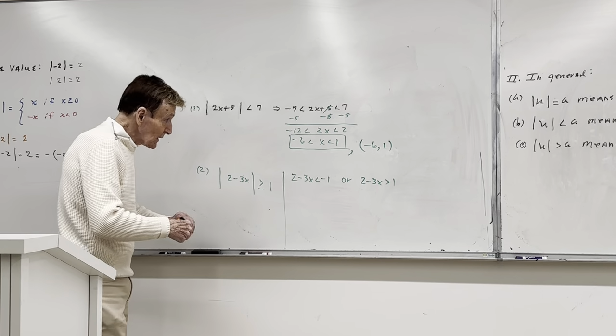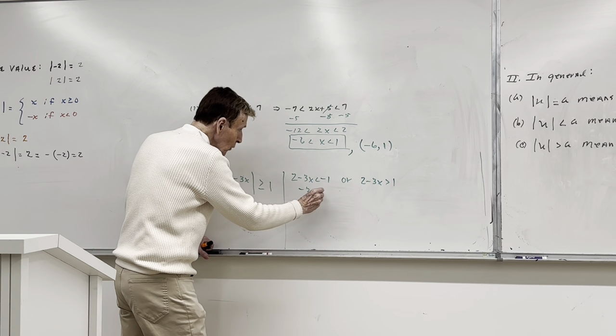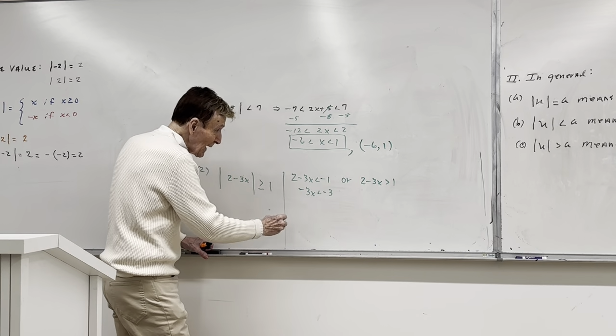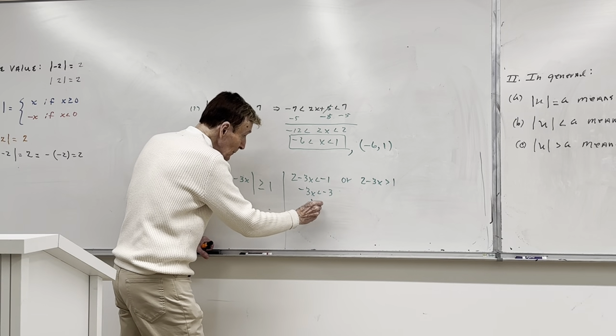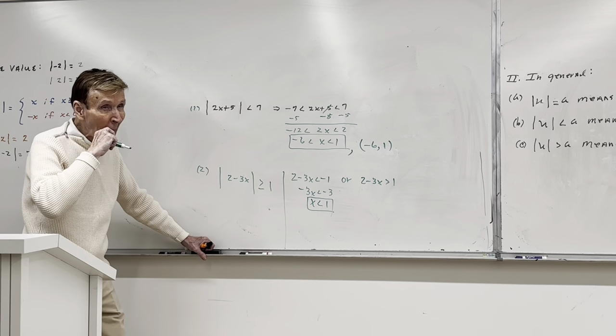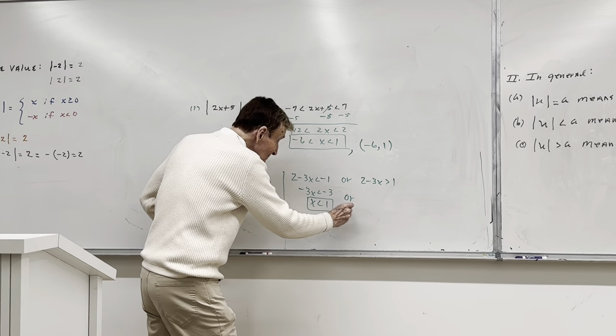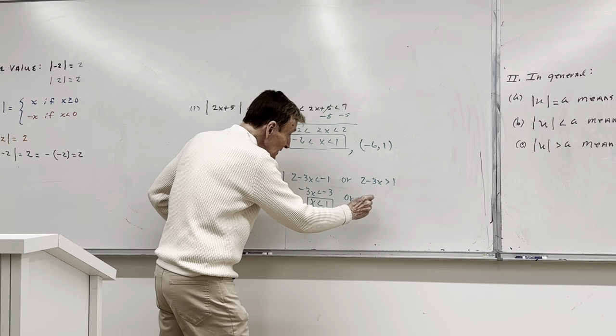Now, if I can solve it in green, guys, real quickly, it's easily done. Move that 2 over, get a negative 3. Divide by negative 3, remember to reverse your symbol. I did it real quickly, x is less than 1. That says or. This one's easily done too, I think.